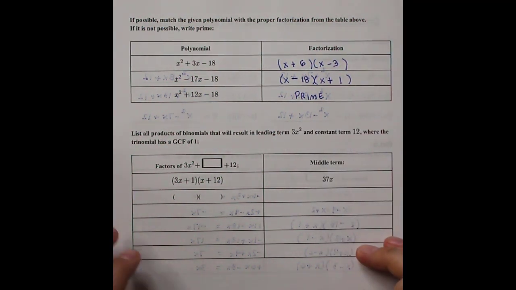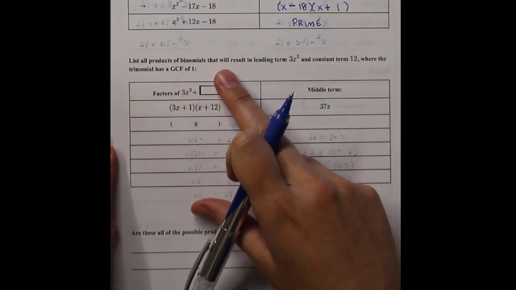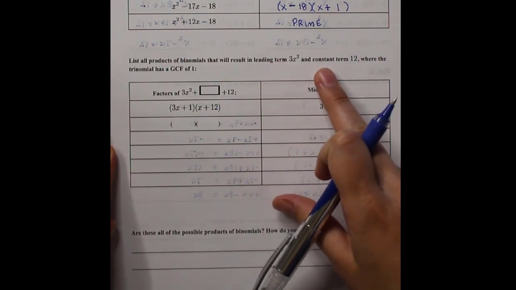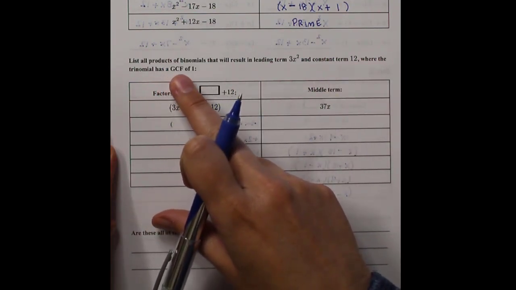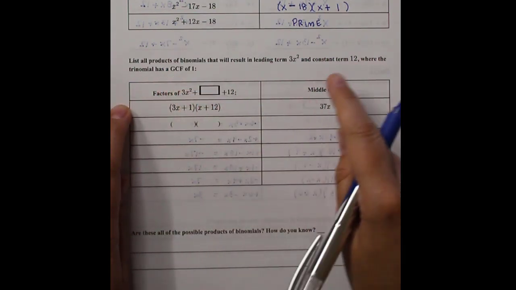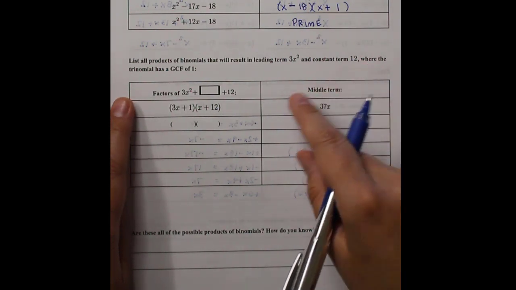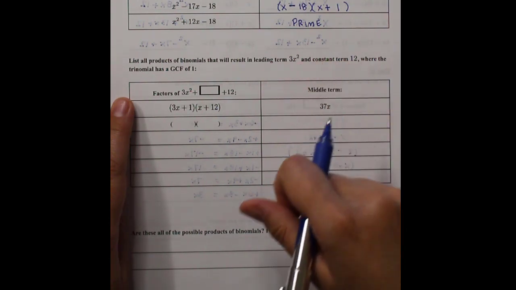All right. Moving on, list all products of binomials that will result in leading term 3x squared and constant term 12, where the trinomial has the greatest common factor of 1. Okay, the last part after the comma is basically just saying that we don't want to have a bunch of multiples of 3 and 12.